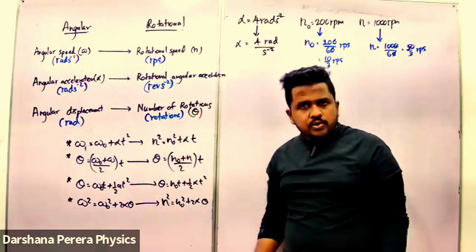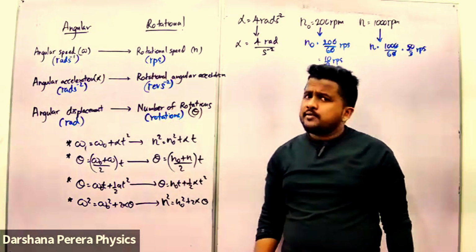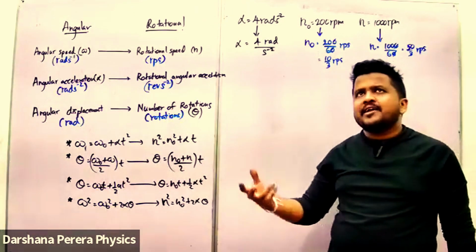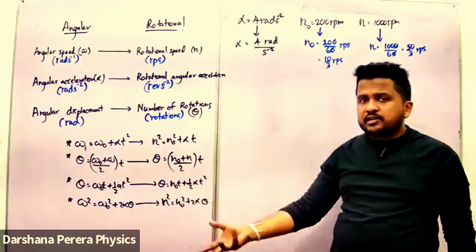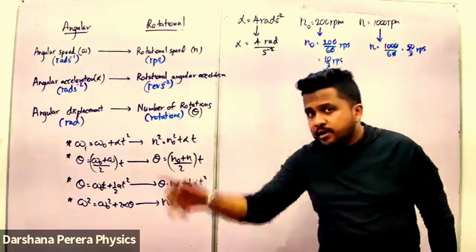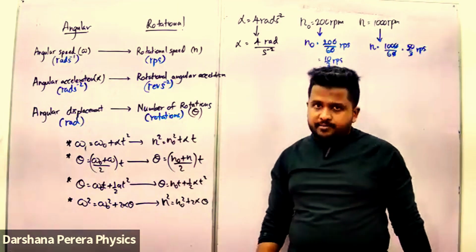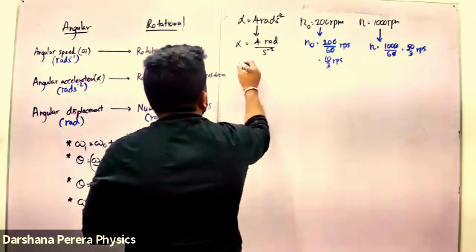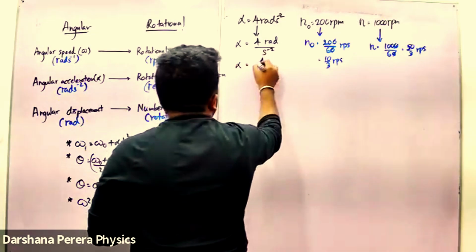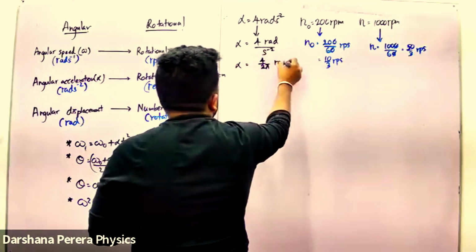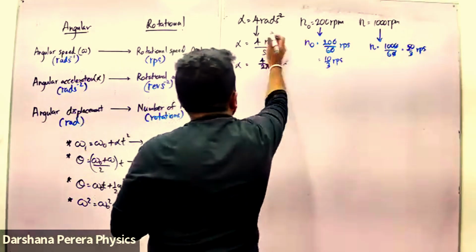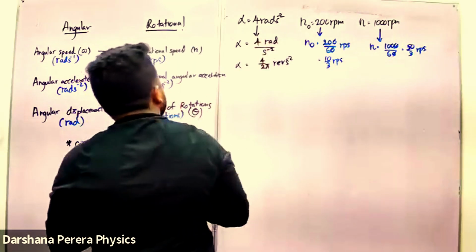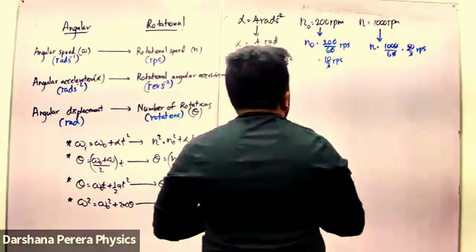We have to divide by 2 pi. Why? The full circle means 2 pi radians. Likewise, alpha means 4 over 2 pi revolutions s minus 2. All the values are okay.